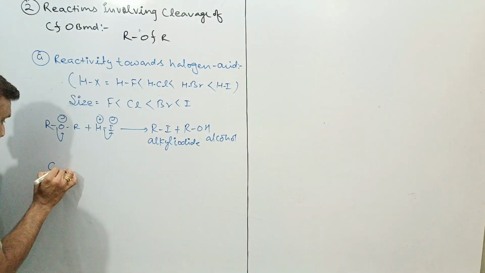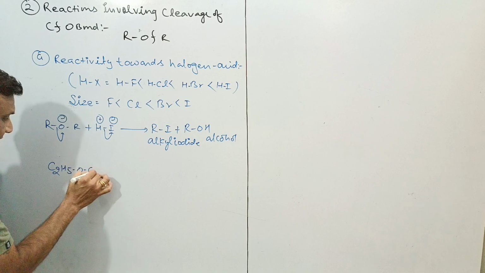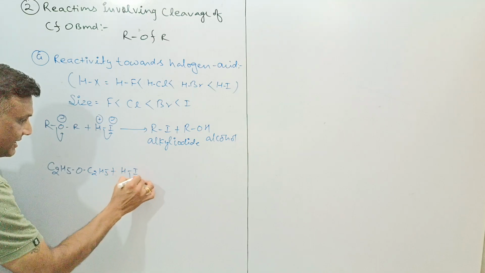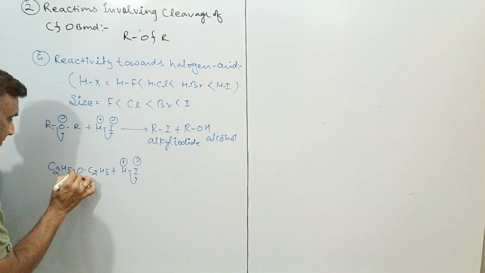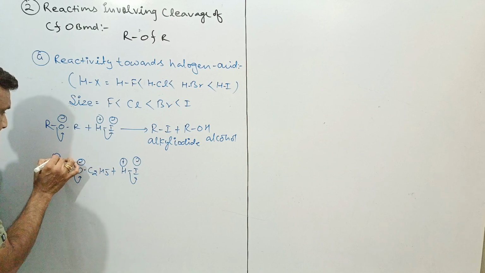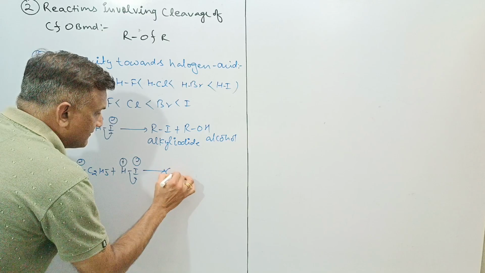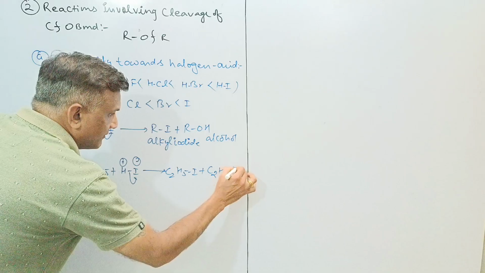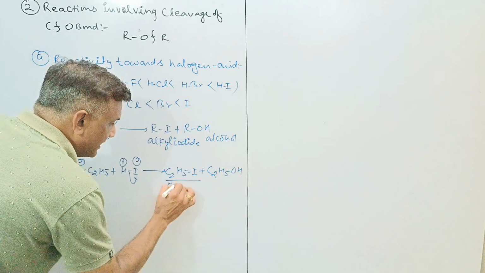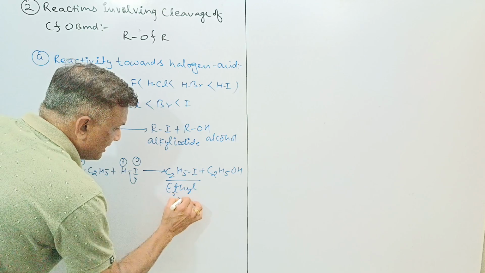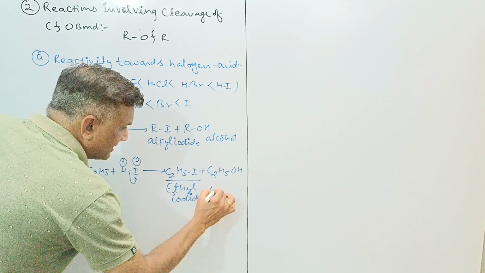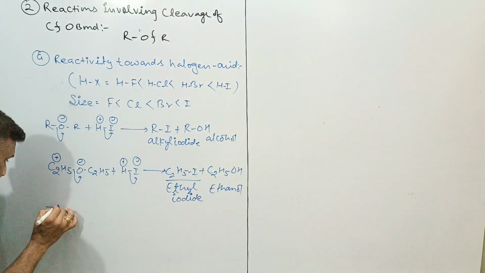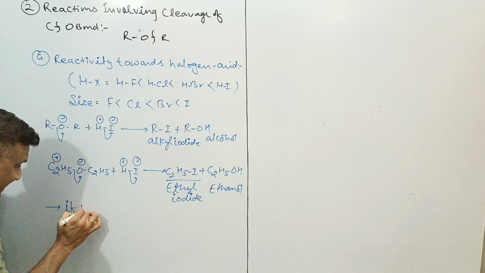Suppose we take diethyl ether, then again there will be formation of one molecule of alkyl iodide, ethyl iodide, and one molecule of ethanol.